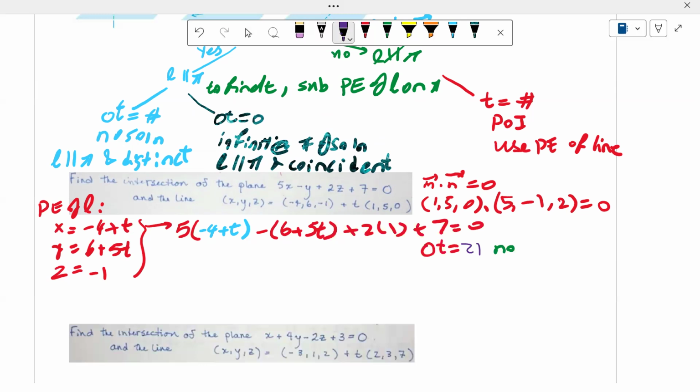That means this is impossible, because 0 times a variable cannot be 21, it's only 0. So no solution. That means the line and plane are parallel and distinct. So the line is parallel to the plane and distinct.